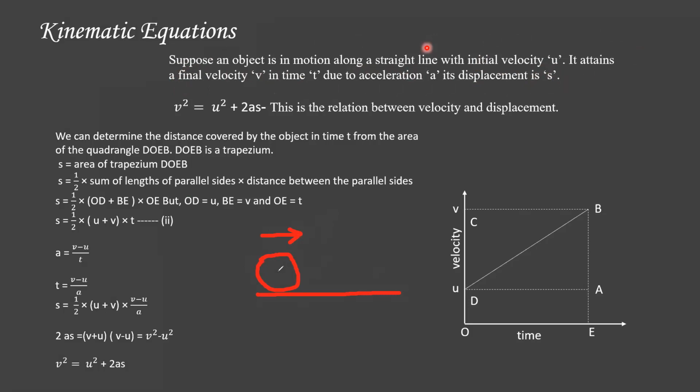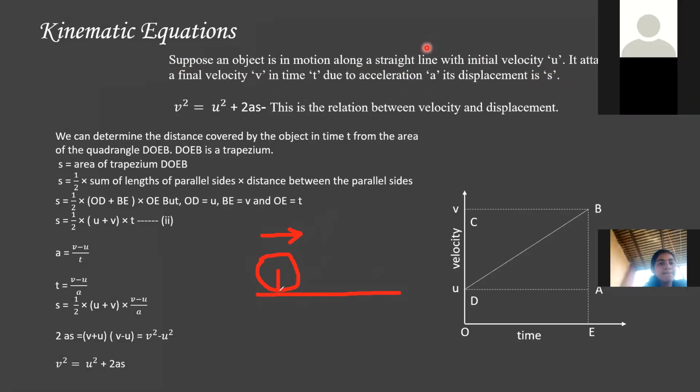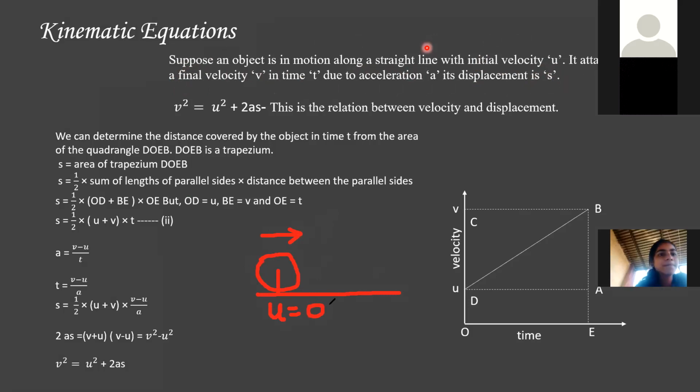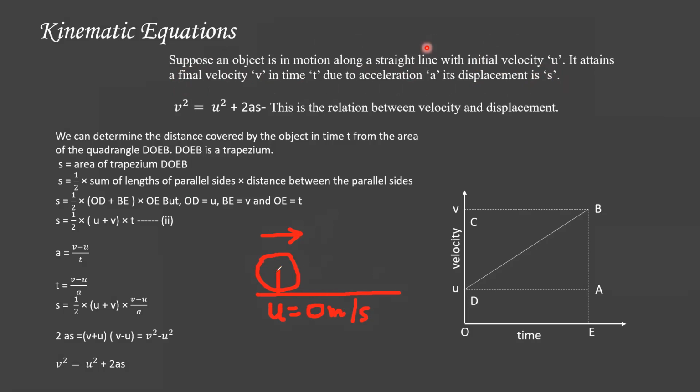Initially it was at rest. When I say at rest, it means the initial velocity u is equal to 0, because it is at rest. So 0 meters per second. Just assume that this is a ball kept on a table.